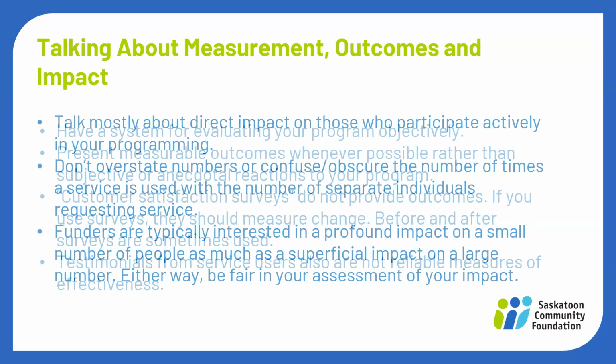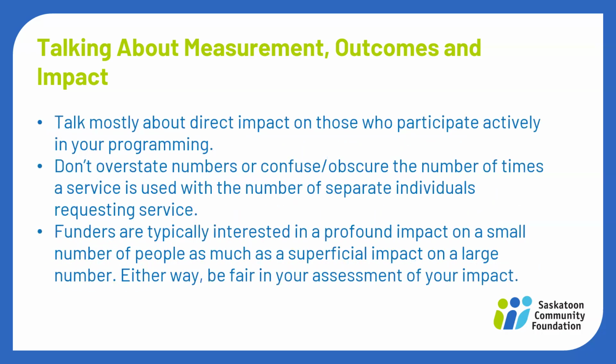Try for the most part to talk about direct impact on the people who are participating, but sometimes indirect impact is important too. For example, we've funded babysitting training programs from time to time.